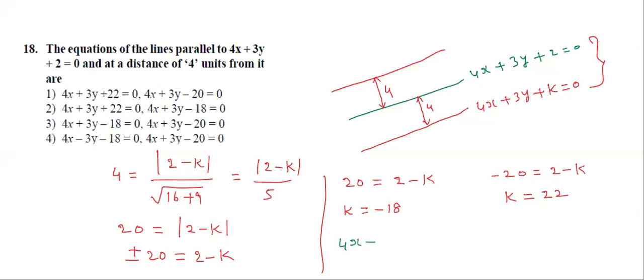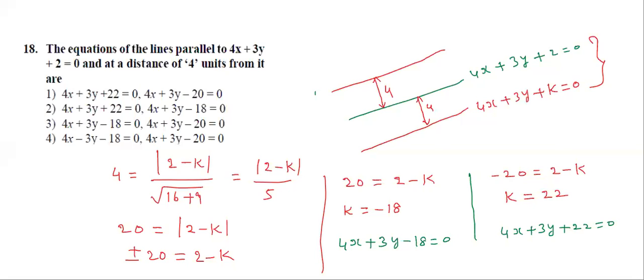4x plus 3y minus 18 is equal to 0. 4x plus 3y plus 22 is equal to 0. There are two cases. Two lines are possible. This is the first line. This is second line. Or downwards first line, upwards second line.